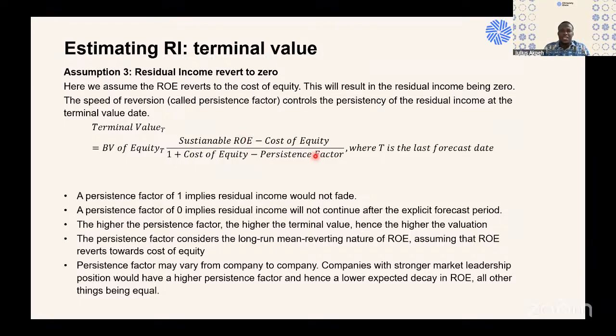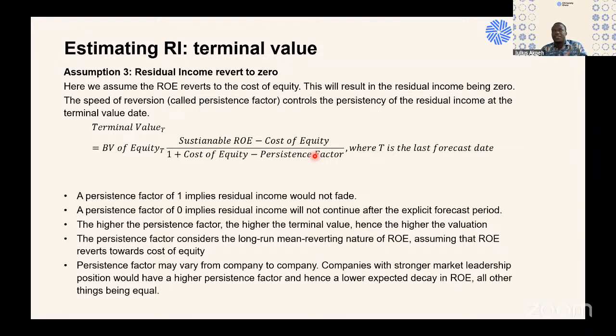So it's the same thing happening here. If the persistence factor is 0, then the whole formula collapses to a situation where residual income will not continue, will not persist. So it means that the terminal value of a situation where there is convergence will lie between a persistence factor of 0 and a persistence factor of 1. So the question is, which persistence factor are you going to use?